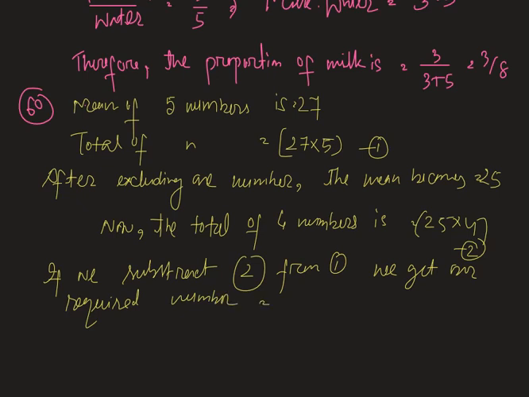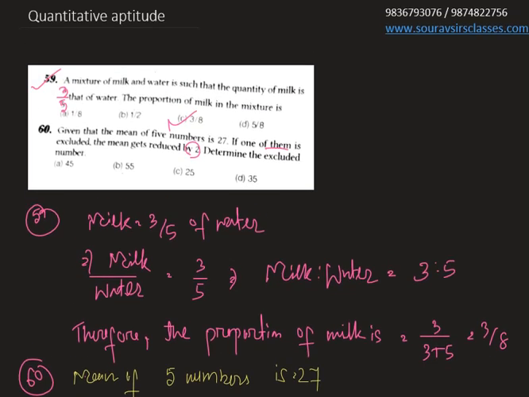Therefore, our required number is 135 minus 100. Therefore, 35 is the required number. So option D is the correct answer.